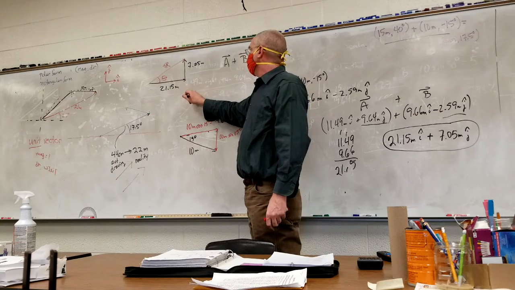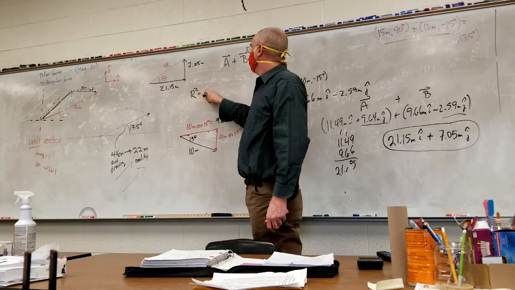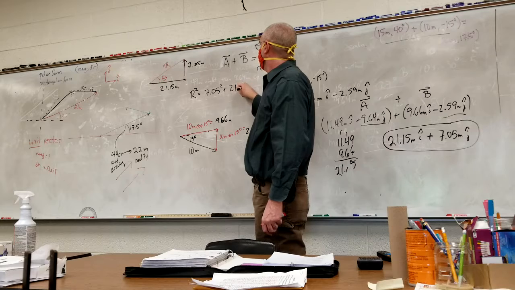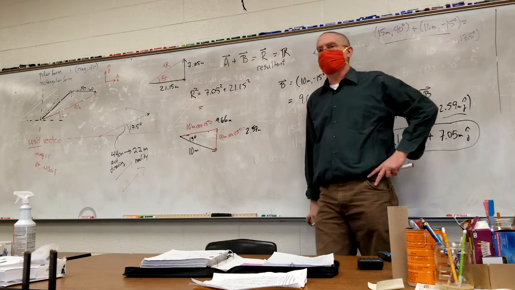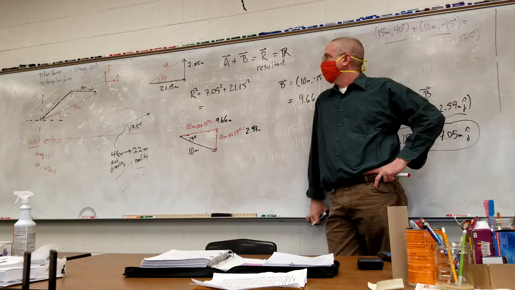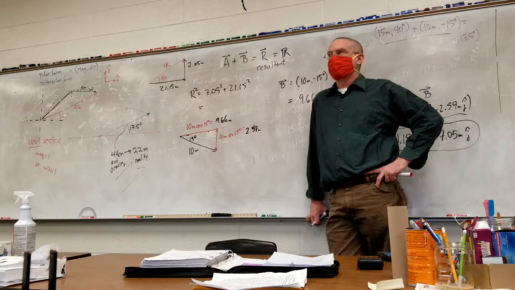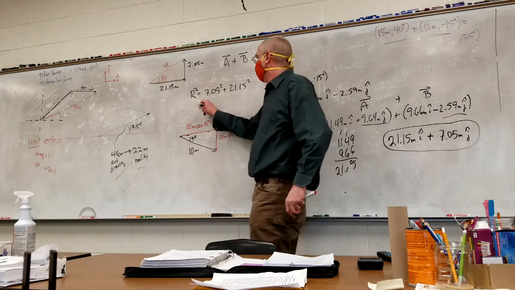So to find the magnitude of R, the Pythagorean theorem, it's somewhere around 22.29.